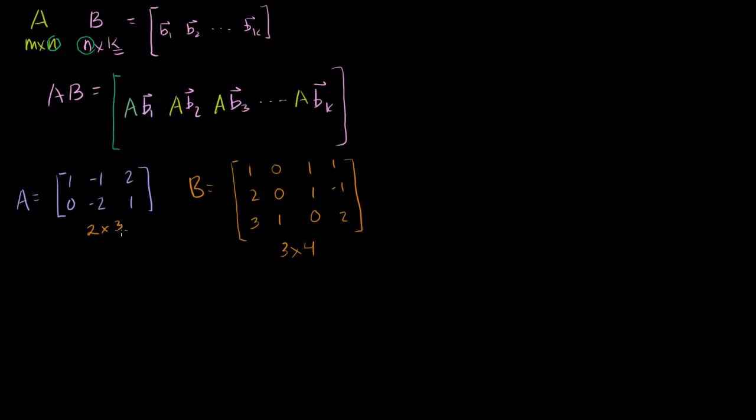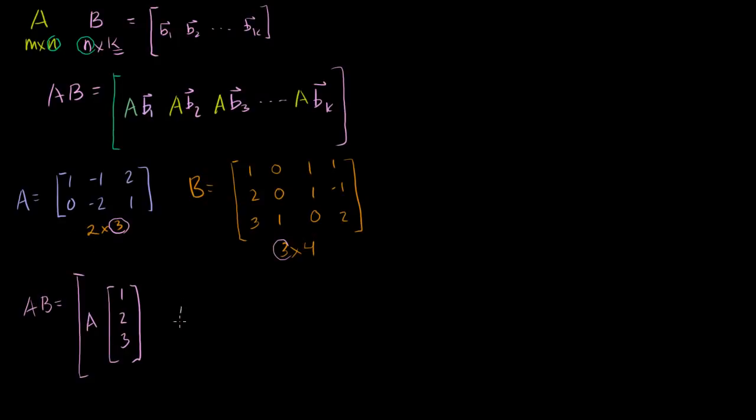Well, we know it's well defined because the number of columns here is equal to the number of rows. So we can actually take these matrix-vector products. You'll see that in a second. So AB is equal to the matrix A times the column vector 1, 2, 3. That's going to be the first column in our product matrix.